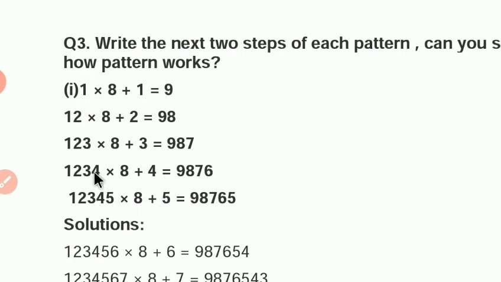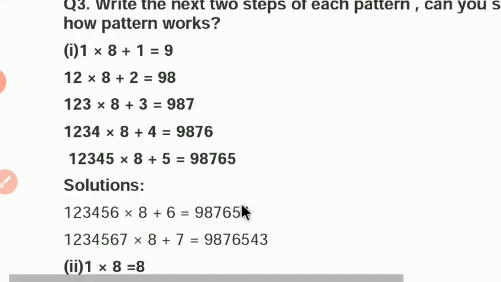Then next step, fifth step, here 1, 2, 3, 4, and 5. Now 5 came. If 5 is written here, you have to replace here also by 5. Then how many digits will come here? 5 digits means 9, 8, 7, 6, 5. You have to decrease the number on the right hand side. So the next step will be, till 5 digits we have written, now the next number after 5 will be 6.